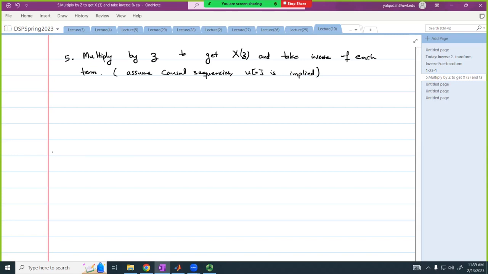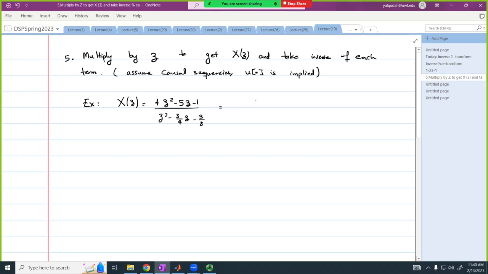So let's do some examples and see how we do this partial fraction expansion and how we calculate the inverse Z transform. So the first example, which is the one we just had using the long division, we have 4z squared minus 5z minus 1 divided by z squared minus 3 over 4 z minus 3 over 8.